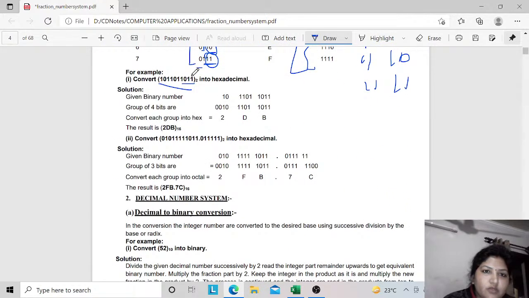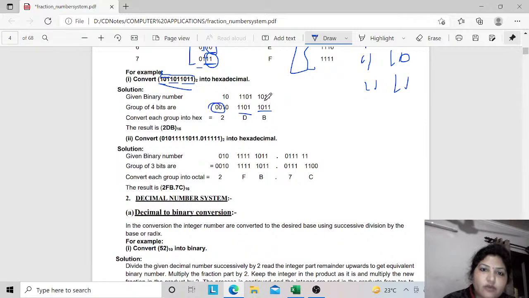So you start from left to right when you have the integral part. So 1011 would be my first group. Second group would be my 1101. This would be my second part, and 10. So here I told you in the integral part we have the 0, 0, right?